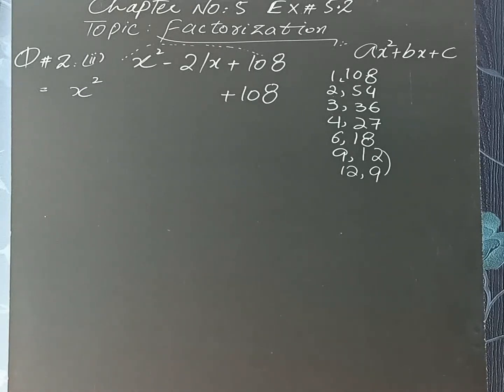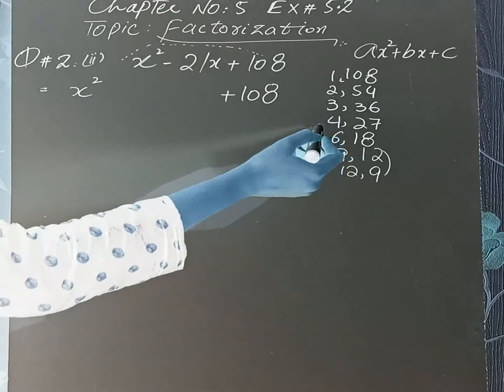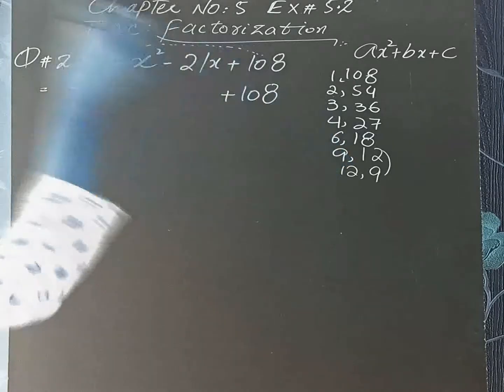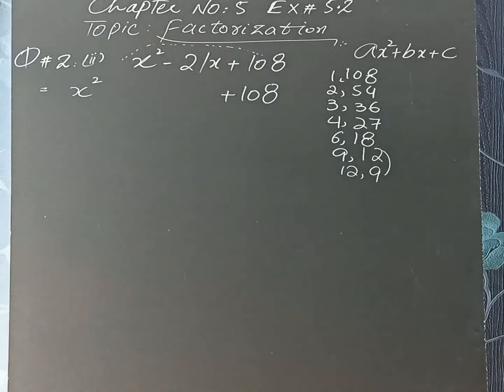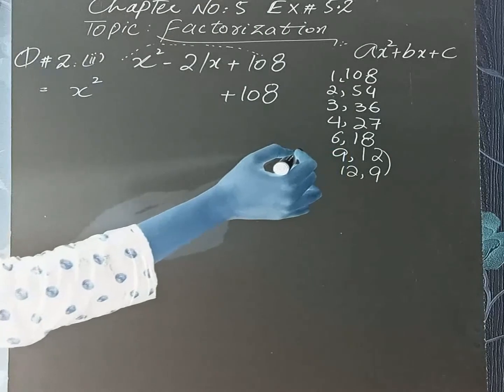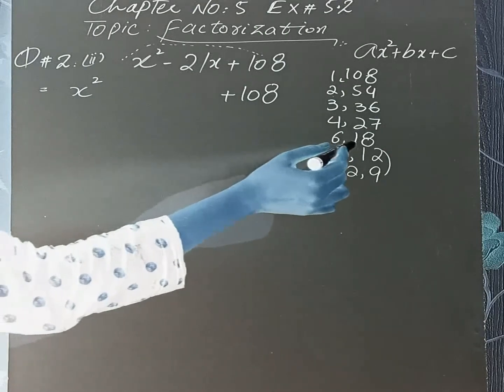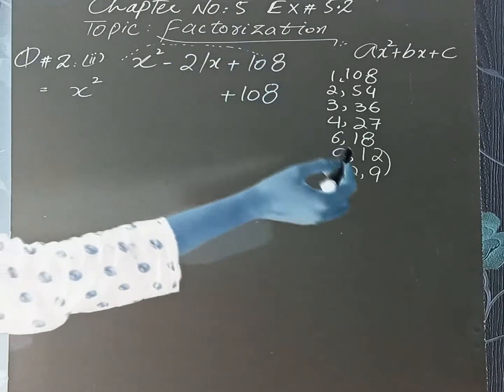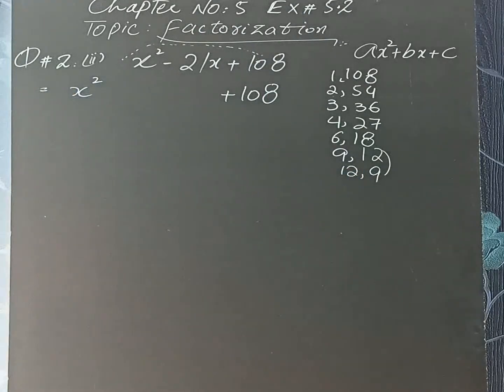So which pair am I going to pick from here? These are not possible. 18 plus 6, no. 18 minus 6, I can't get 21. 12 plus 9. 12 plus 9 is 21. And if we multiply that, we get 108.